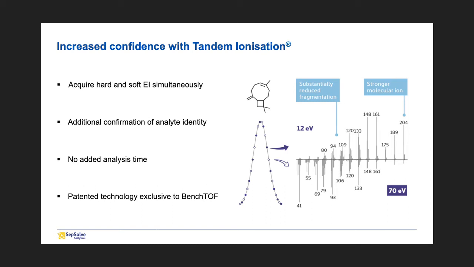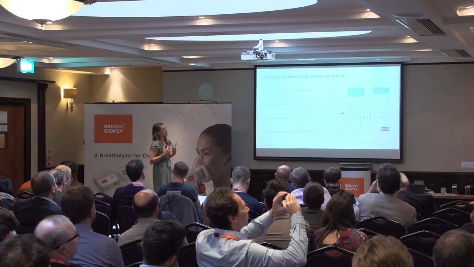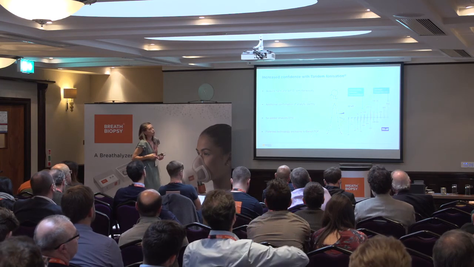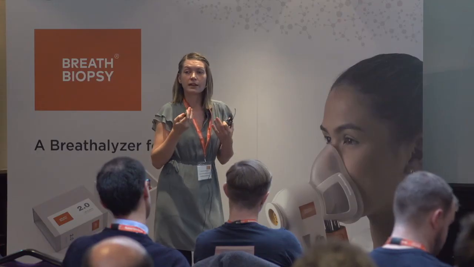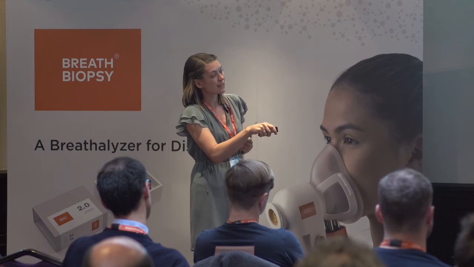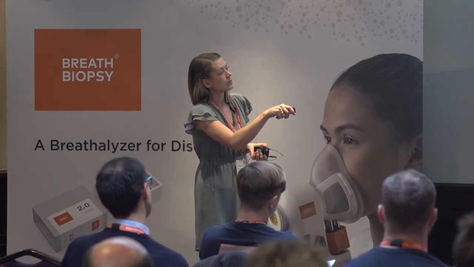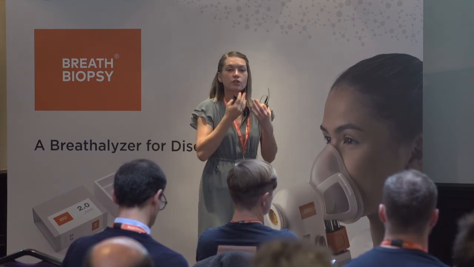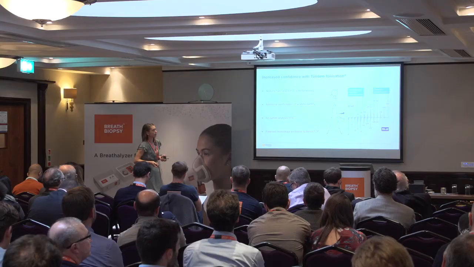So you switch rapidly between the two and collect both data sets in one analysis. So it means you have a second set of spectra to confirm the identity of the compound. And this is really important when it comes to things like isomers, because they can have very similar 70 eV spectra, but when you look at the soft EI, you can see differences that help you to be confident you're identifying the right compound.